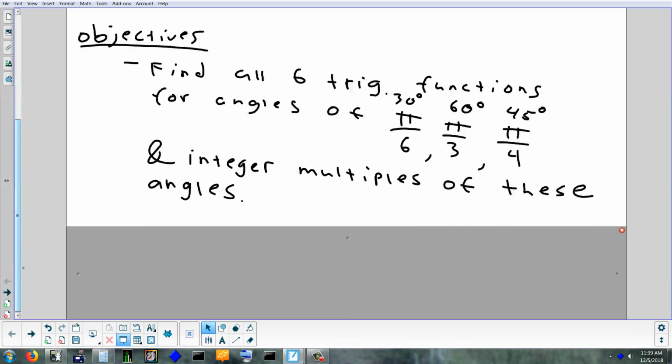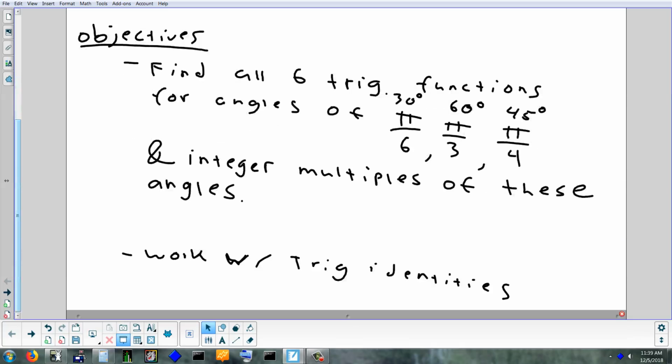Okay, and the last thing they put in this section is a totally different topic. I'm not even sure why they throw it in, but it's working a little bit with trig identities. We're going to spend like 5 or 6 lessons on trig identities later on, so there's a lot of stuff to it. You can think of this as an appetizer, to get you excited for the trig identities that are coming.